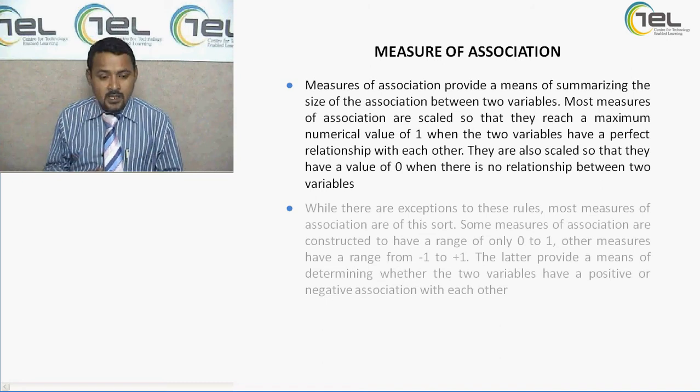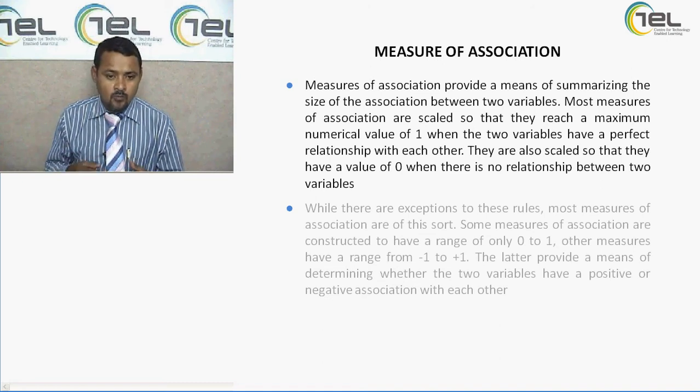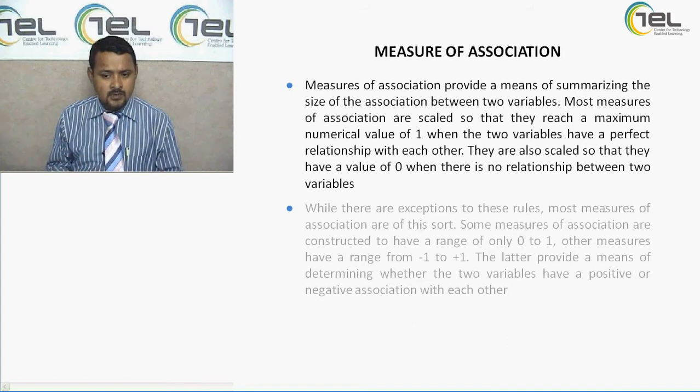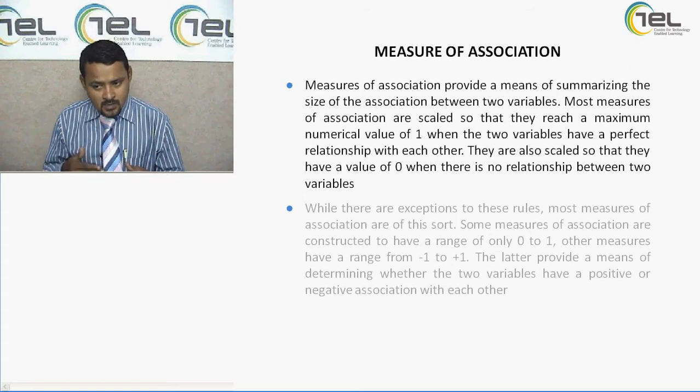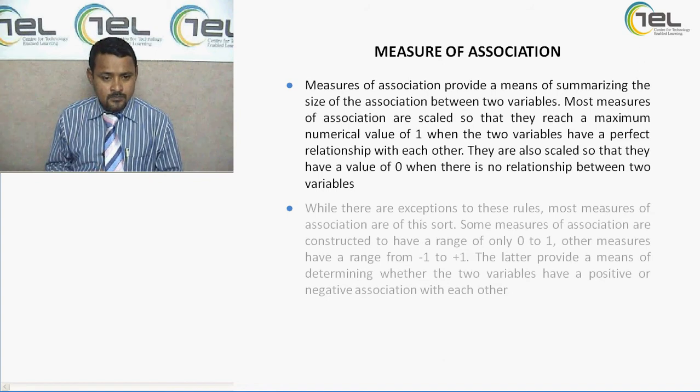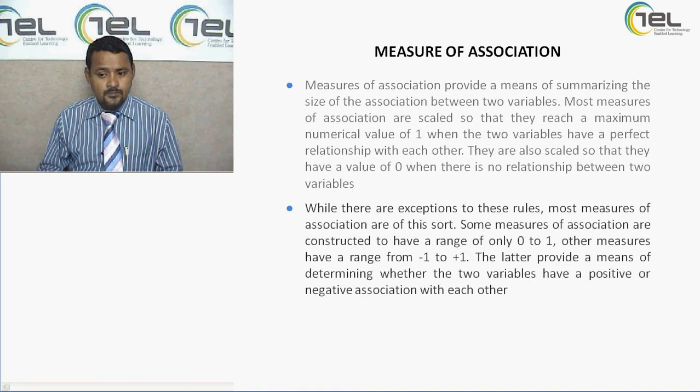When the numerical value of measures of association is 1, then the variables have a perfect relationship with each other. But they are also scaled so that have a value of 0, which means absolutely there is no relationship existing between the variables.